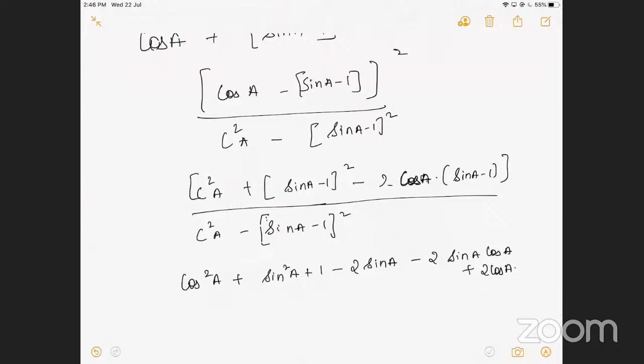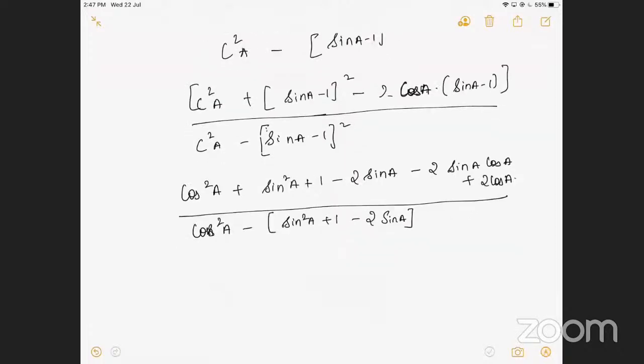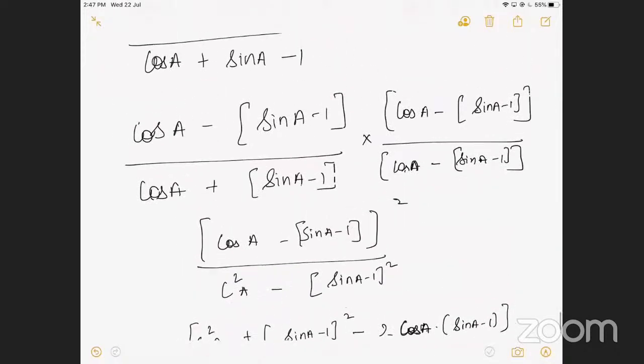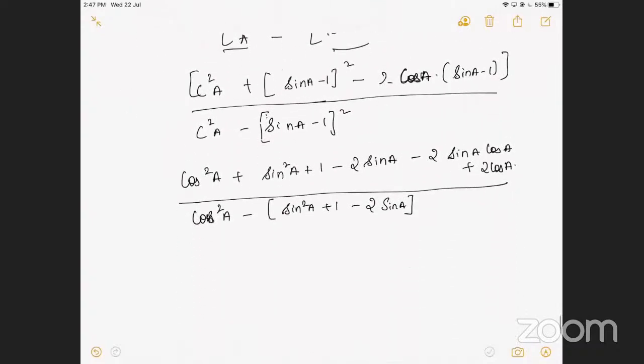And when we come to the denominator, it is cos square A minus sin square A plus 1 minus 2 sin A. Here we cannot directly apply a plus b and a minus b? a plus b into a minus b we wrote as a square minus b square, right? Okay. So cos square A plus sin square A is 1.